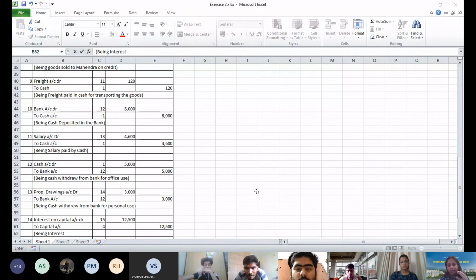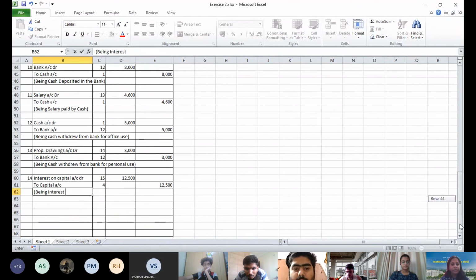So interest on capital is a nominal expense and will be debited, and who is getting charged? The capital is only getting charged, Ajit is only getting charged. Being interest provided for capital.